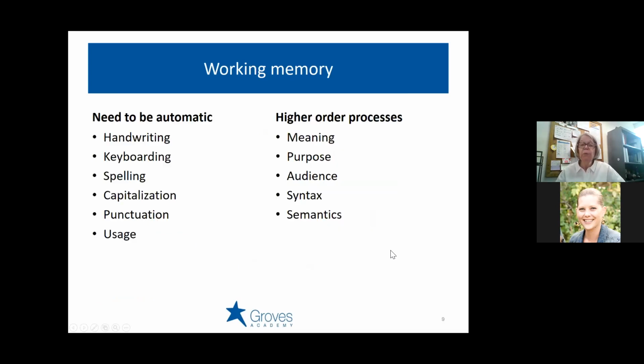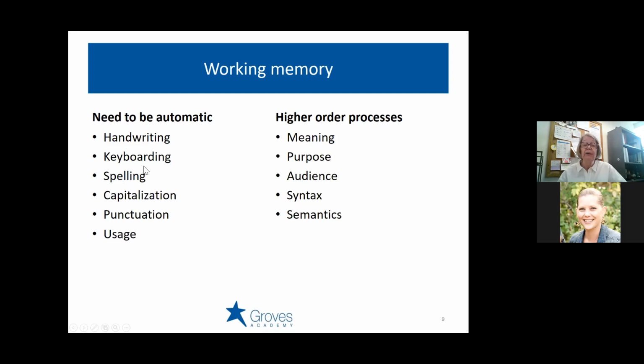So for working memory to really function well, there are a bunch of things that need to be automatic, such as handwriting in particular, and this is especially true for young children who don't have the ability to keyboard yet. Keyboarding, of course, is important for writing.